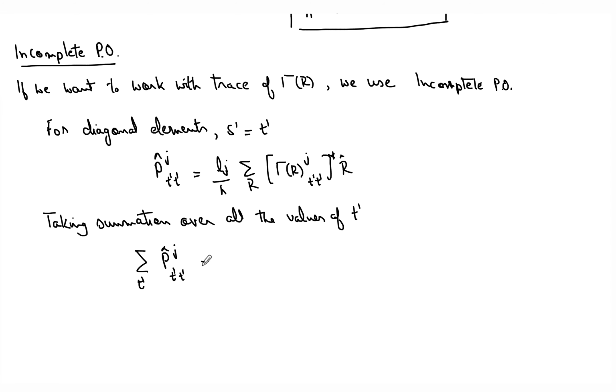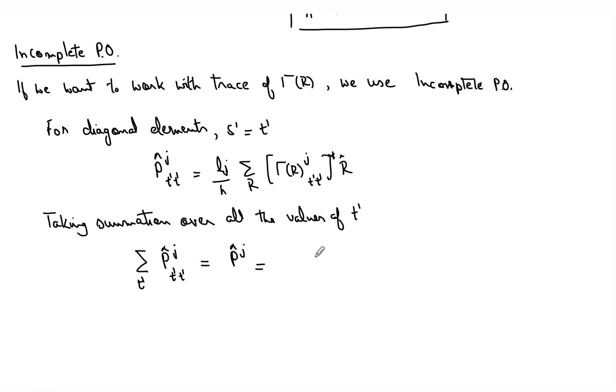Now we can write this with no matrix element, because this is the complete trace of what we are going to get. In the complete projection operator, you will often see indices written, which indicates that it's a complete projection operator. If there are no indices written, that means it's a trace and we are dealing with the incomplete projection operator.